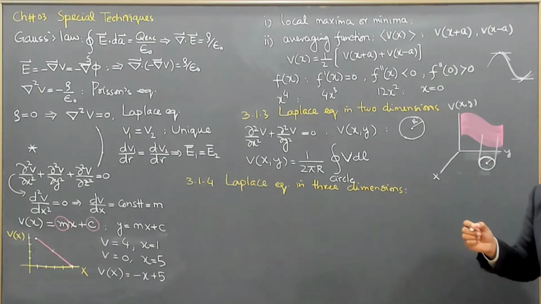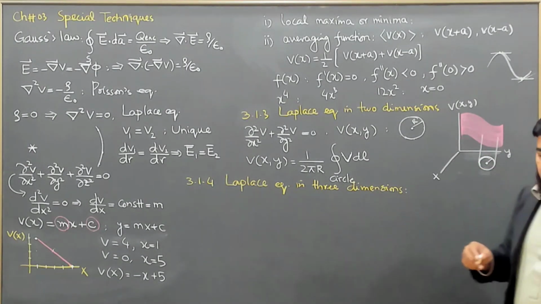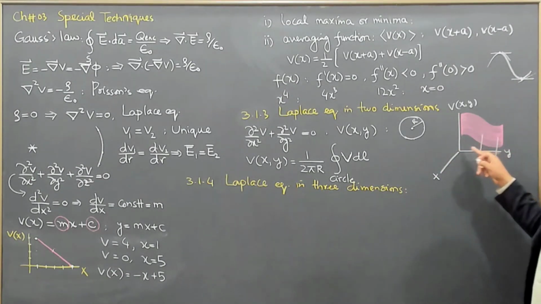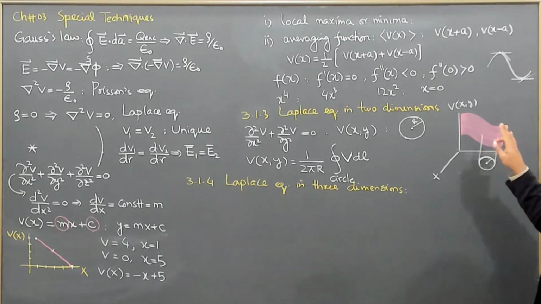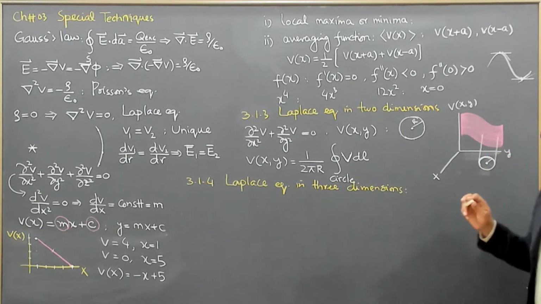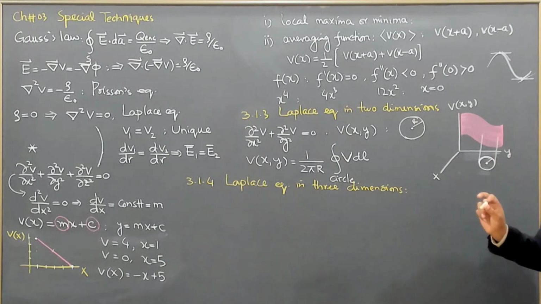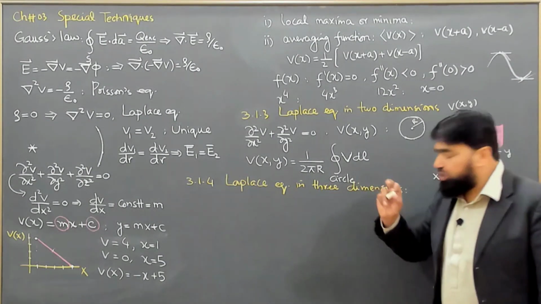That is not possible here, and it is against the average value. When we say that V is the average value on this surface, it means that the extreme values are on the boundaries. Now we will extend this situation to 3 dimensions.